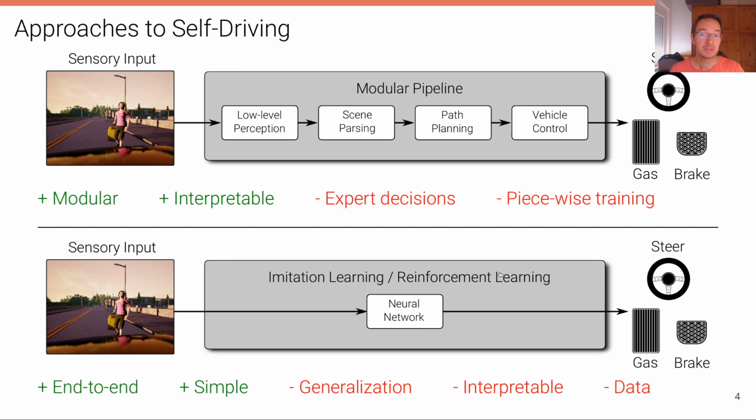And these models are very simple, so they can be trained with classical training algorithms such as imitation learning and reinforcement learning, which we're going to look at in more detail in the next lecture. And therefore they are very simple and end-to-end trainable, so they can be trained directly for the task that we are interested in.